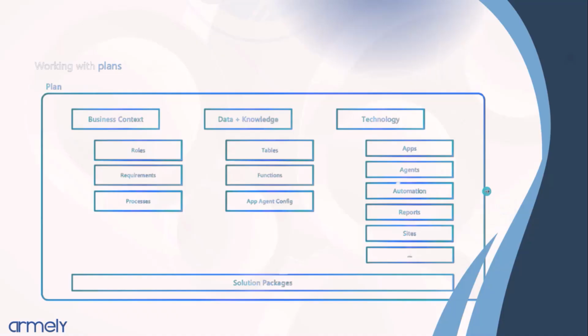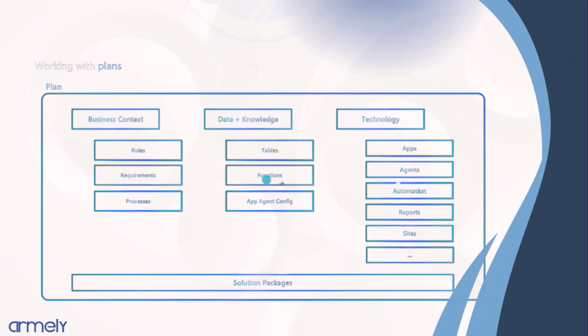Before we do that, this is the whole idea. This is what we are trying to do. The plan is me giving my buddies the business context, and then together with my buddies, we define the roles, the requirements, and the processes we need to move this business request into a solution.